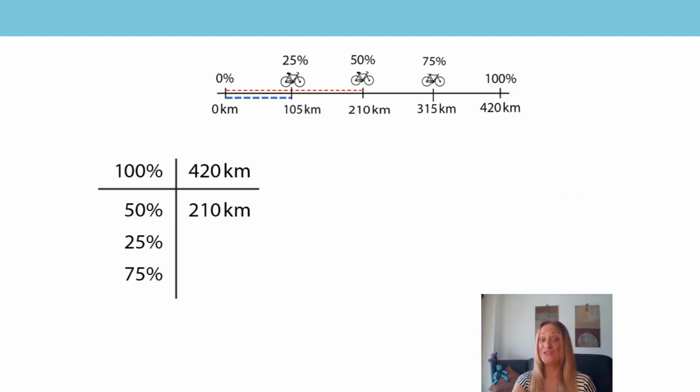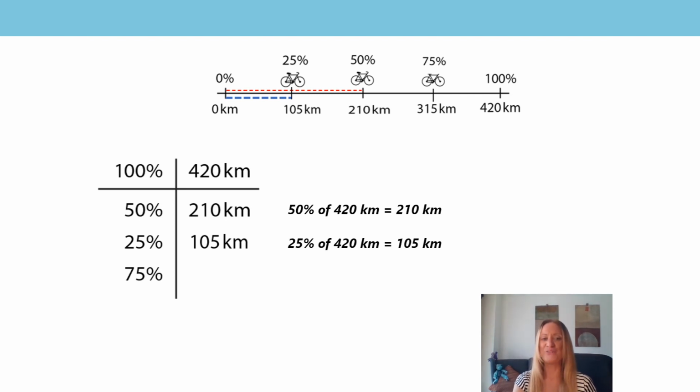And we complete our ratio table again now. So 50% is 210 kilometres, 50% of 420 is 210 kilometres, 25%, which is 1/4, 25 hundredths, 0.25, 25% of 420 kilometres equals 105 kilometres, and we said that 75%, which is 75 hundredths, which is the same as 3/4, we've managed to work that out using several different methods as 315 kilometres.